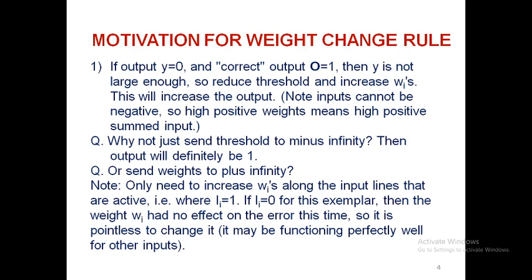That is not the right answer. In that case y is not large enough, so reduce the threshold and increase the weights. This will increase the output. y equal to 0 means the corresponding neuron doesn't fire, that's why the output is 0.